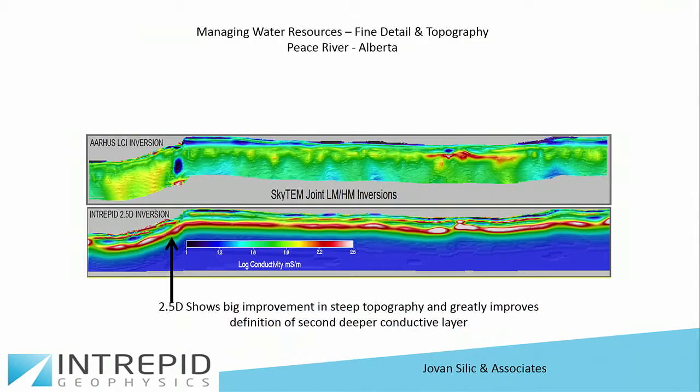There's a very strong break in topography, so there are very big topographic effects that the 1D algorithm broke down on, and the 2.5D gave a very big improvement, handling the effects of topography much better than conventional 1D.